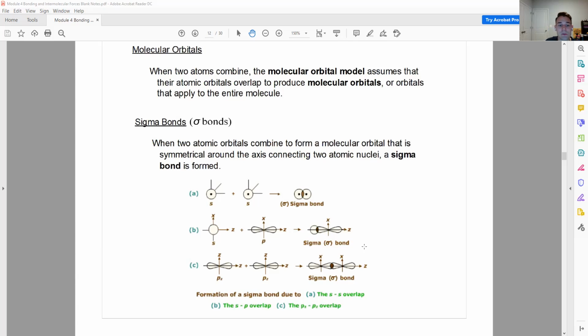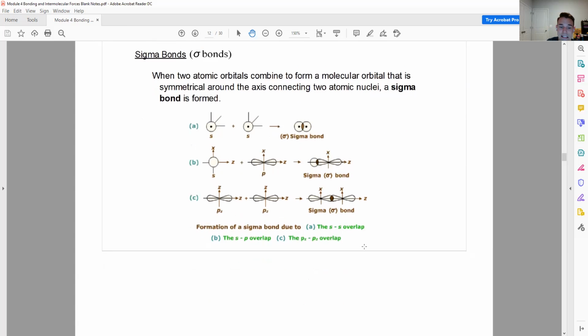Sigma bonds, remember, are drawn like that. When 2 atomic orbitals combine to form a molecular orbital that's symmetrical around the axis containing 2 nuclei, a sigma bond is formed. You can see in this little diagram, you've got some different options, an S and an S, an S and a P, or 2 P's, and it's that overlap that forms a sigma bond.